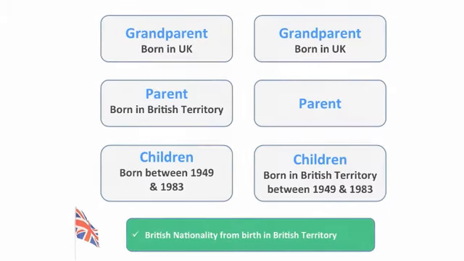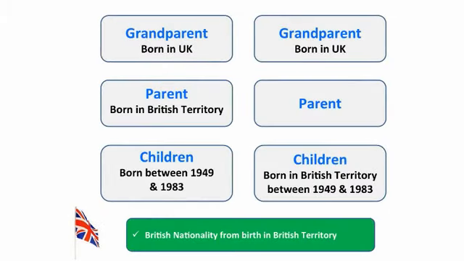Now, we've given many different examples where it's possible for a grandparent born in the UK to pass nationality to a grandchild born overseas, i.e. 2 generations born overseas. Where the middle generation is born in territories such as colonies or protectorates, then it's quite possible that that nationality can pass to the grandchild.